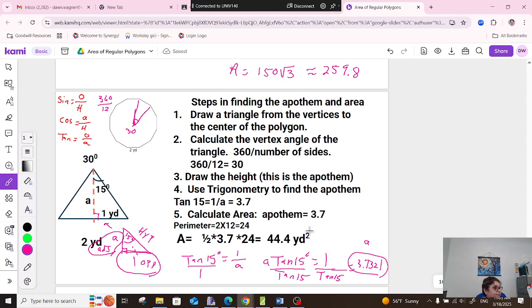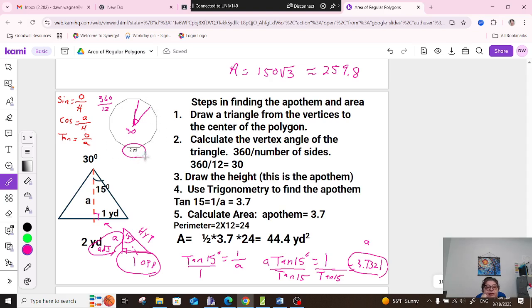But then I noticed after I made this, that my students would get all upset that their answer didn't look exactly like the one on the back. So we're going to use 3.7321 as my apothem. And my perimeter, the outside was 2 yards. So how much all the way around?